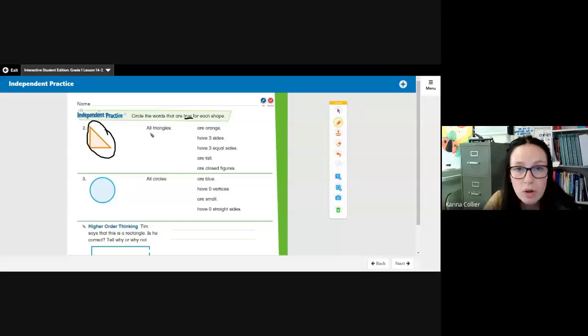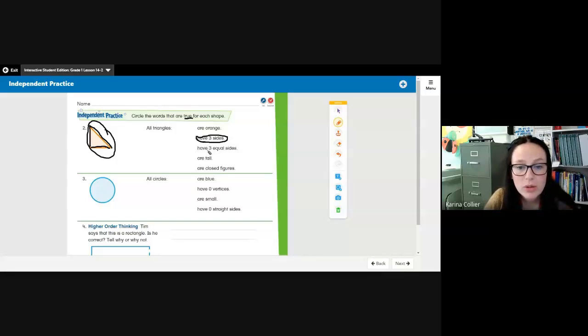So I will do one of these with you. All triangles are orange. This triangle is orange, but not all triangles are orange. So that is not a true statement. All triangles have 3 sides. Let's double check. 1, 2, and 3. That is true. So I'm going to circle that, all triangles have 3 sides.